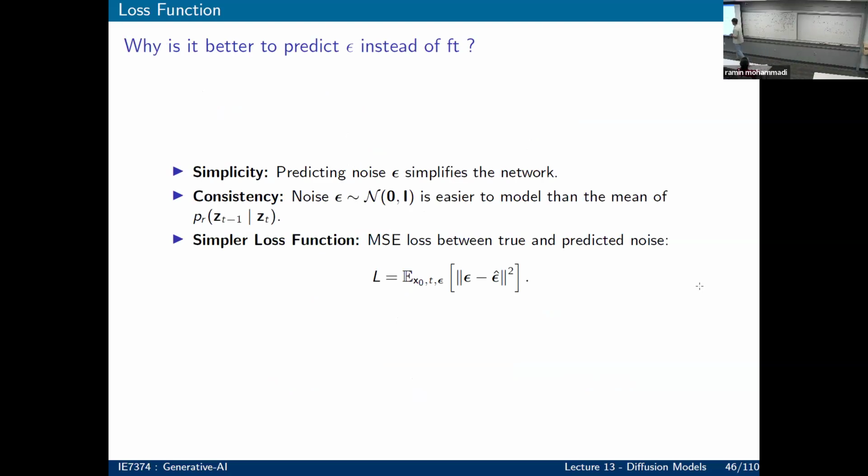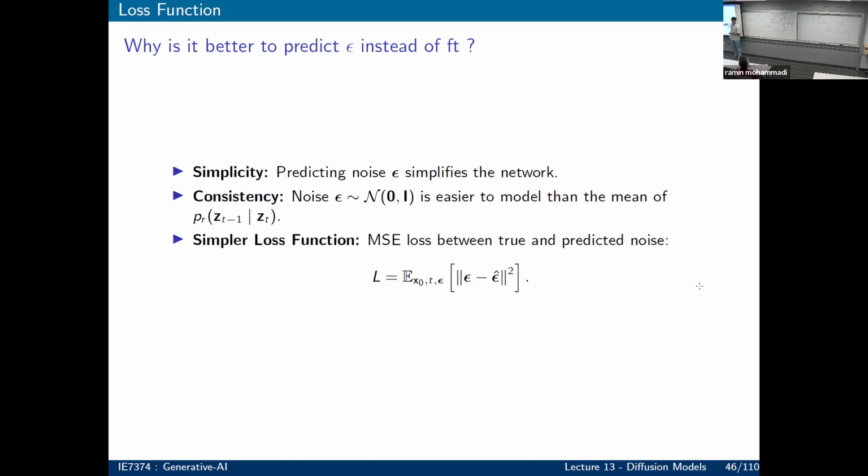And it changes our problem, because now we don't need to focus on predicting the mean. As part of reparameterization, we focus on predicting the noise. So the loss function becomes the actual noise minus what the noise model predicted.